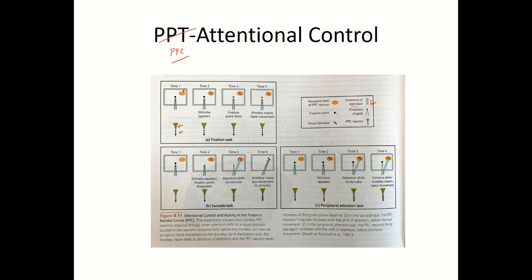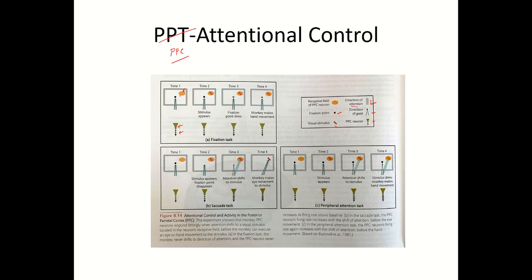And the fixation point always appears in the center of the screen, where the monkey has to fixate his eyes, maintain fixation. Okay, and the direction of gaze is this one, and the visual stimulus appears inside the receptive field. And this is the neuron.